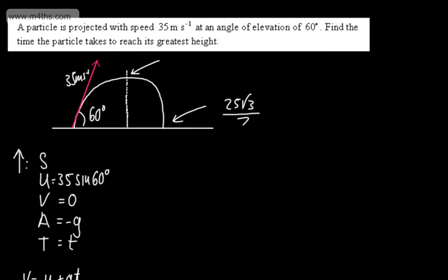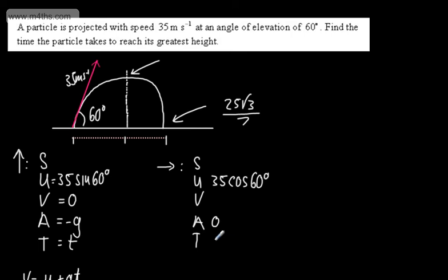We could also go ahead and find the range. So if I was interested in the range, that's this distance here. So there are 2 ways I could do it. I could find, using the time it takes to get to the midpoint, that distance, or I could simply double up and find the distance here. So if we look at the horizontal SUVAT, we know that u is going to be 35 cos of 60 degrees, and we've got 0 acceleration, and we have a time of 25 root 3 over 7 seconds.